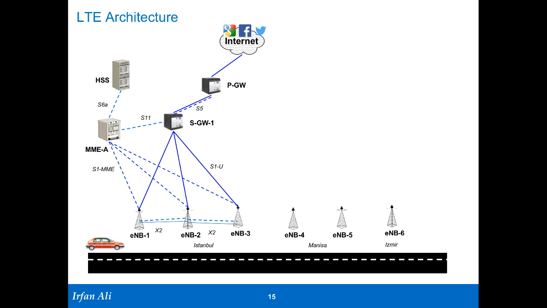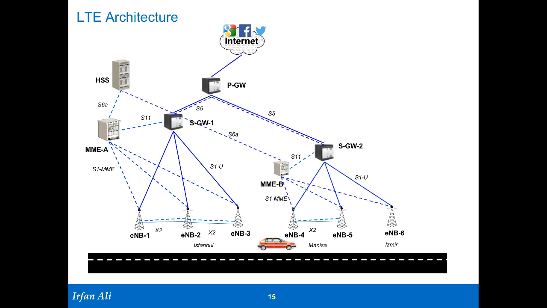Now there's one more interface, and that we'll cover next. You've gotten out of Istanbul traffic, you're getting close to Manisa, and now you're at this base station number 4. You will essentially have the same architecture as before, where you have a bunch of base stations that are connected to each other. They have an interface X2.